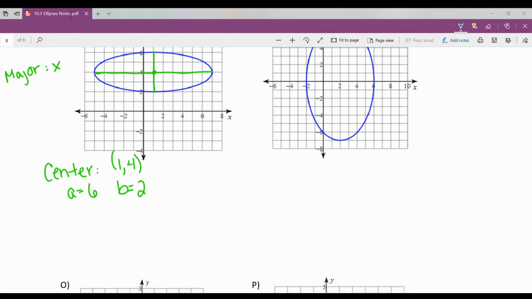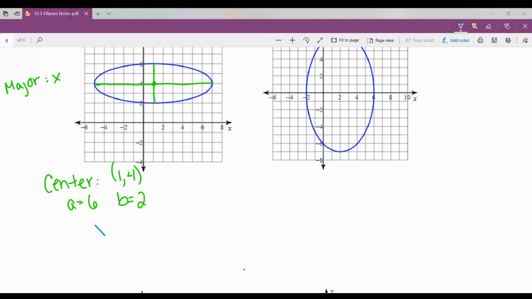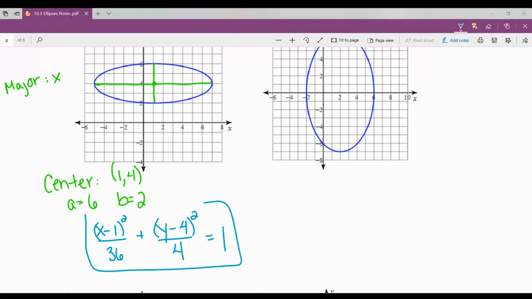Since my major is x, it's going to be x minus 1 squared, y minus 4 squared equals 1. Now my a squared is going to go under my x because my major is my x, so 36, and under y is b squared, 4. Final answer. All right, so we're looking for the equation of that. All right, guys, I will let you try the remaining ones.